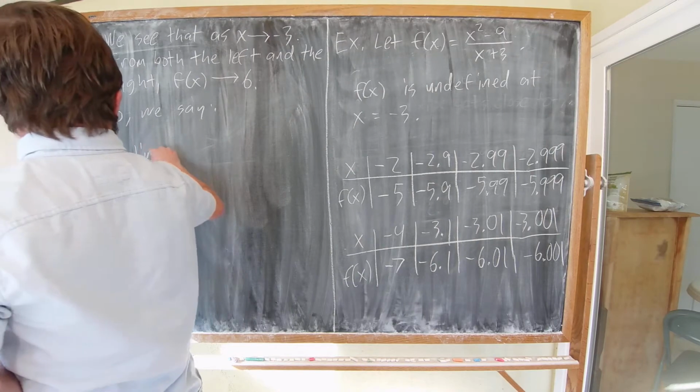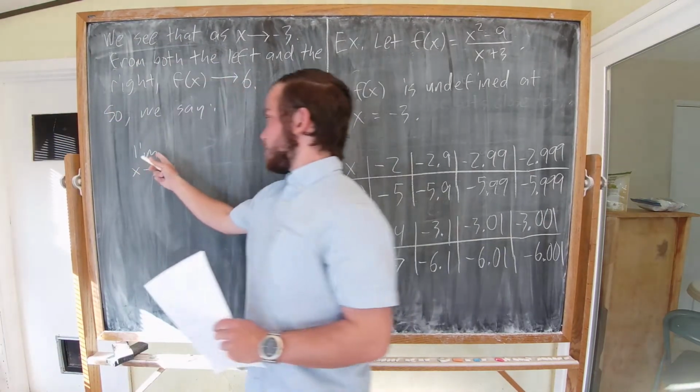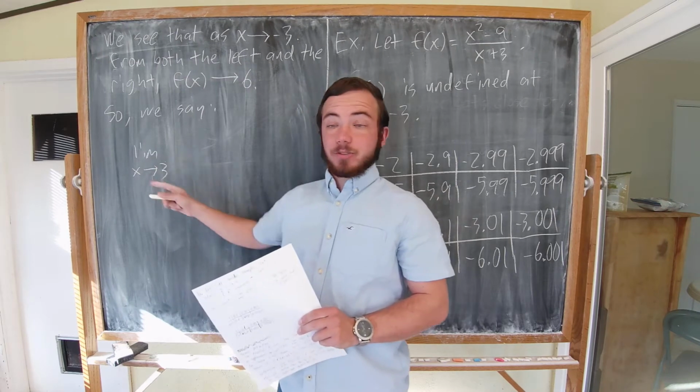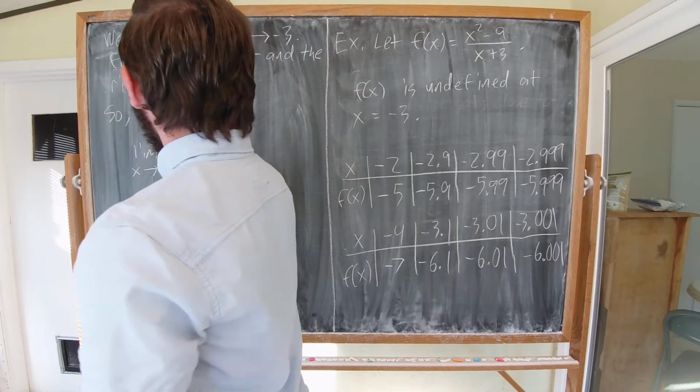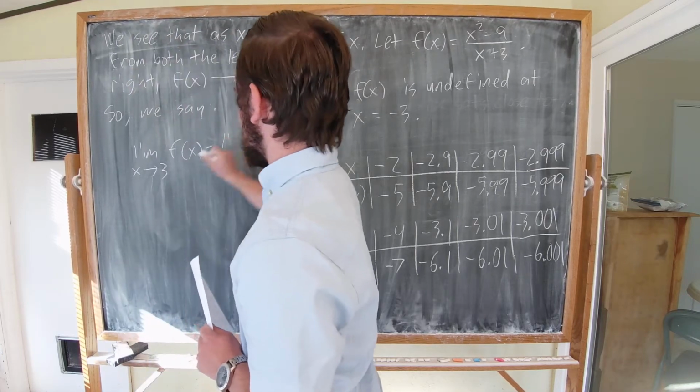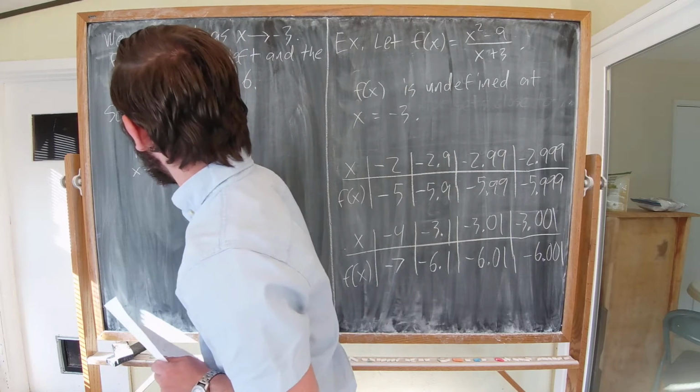And we write that as the limit as x goes to 3 of f of x. I keep saying 3 when I mean negative 3.